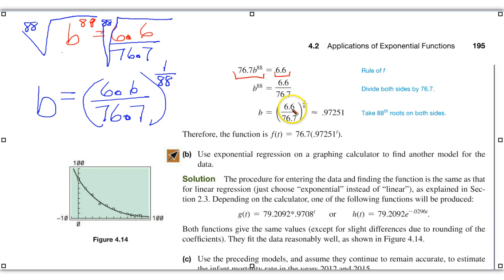Now they're showing it here quite nicely here, but I wanted you to see the process. So in parentheses I would put this, then I would use a caret, and then in parentheses I would put that, and you should get then approximately this. So the function then is this. Now again, they're using exponential regression on a graphing calculator to graph our data, and it comes somewhat close.